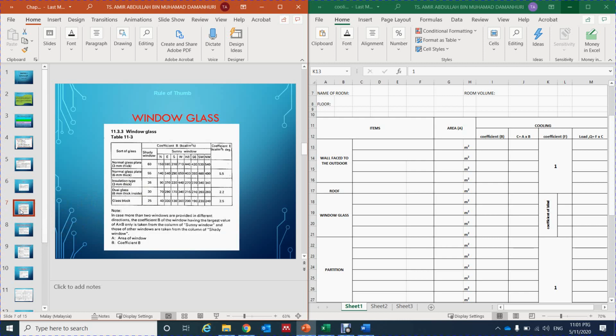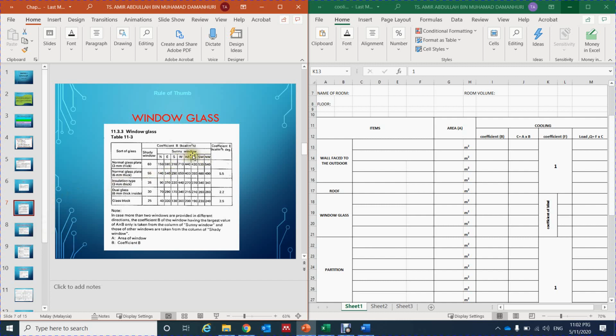And then we have the window glass. The window glass here has about 5 types, from the normal glass type until the glass block, and then the shady window, in case it is given as a shady window, and in case it is a sunny window, it still depends on the orientation of the location of the building.